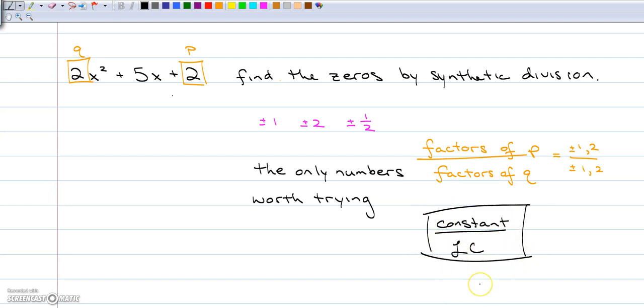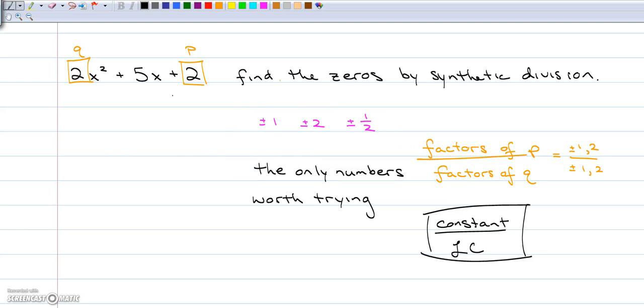This is a huge deal. So in that process, I don't know which one of these is going to work yet, but I absolutely know that these are the only rational numbers that could possibly work.